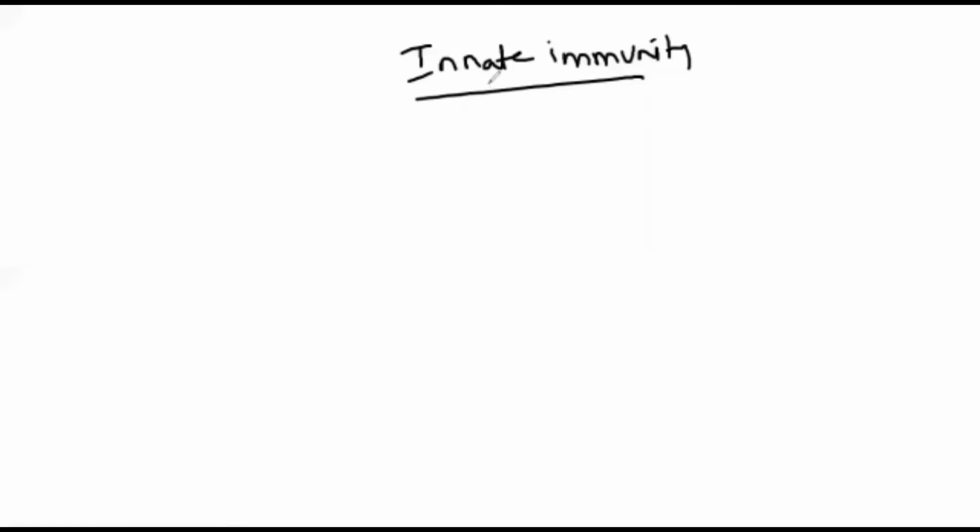First, we'll talk about innate immunity. In innate immunity, we can observe different types of barriers. What are the different barriers found in this immune system?